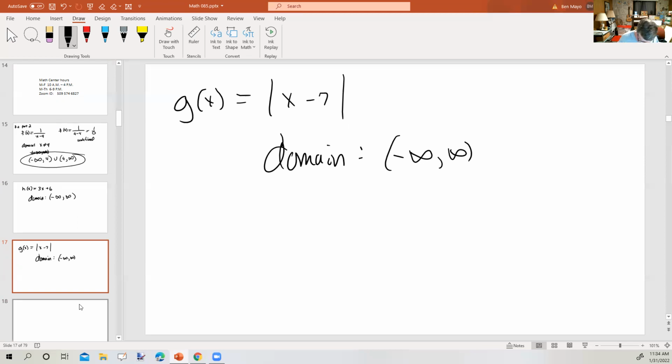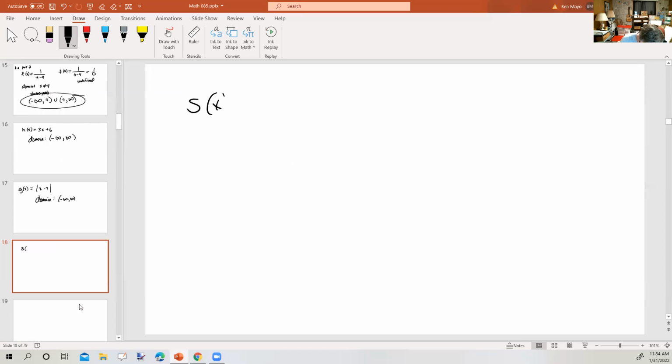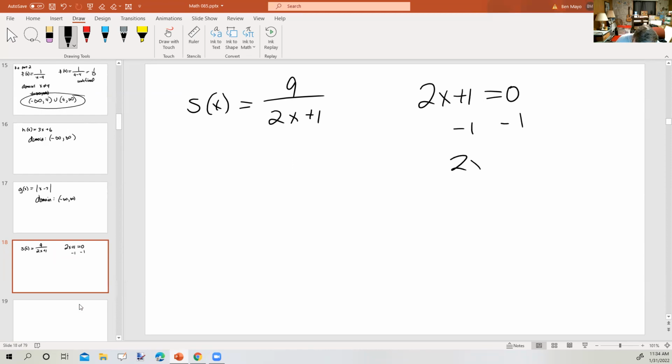How about this one? We want to make sure we're not dividing by 0. So let's take the denominator and set it equal to 0, which we don't want, but let's solve it for that. We find that when x is negative 1/2, the denominator is 0.